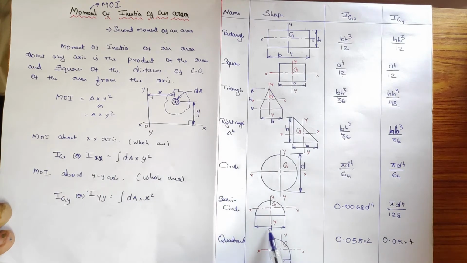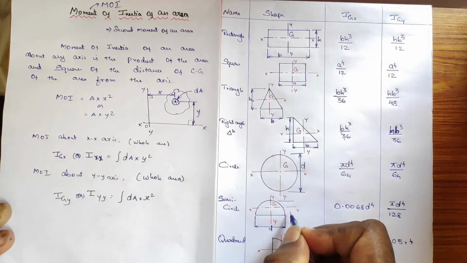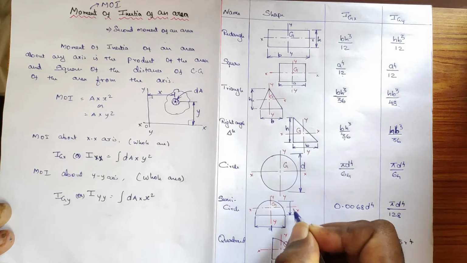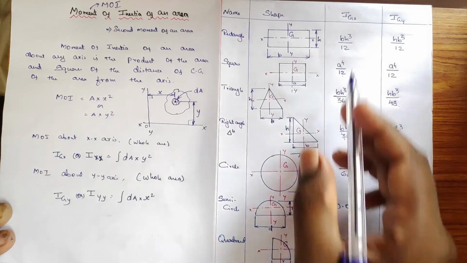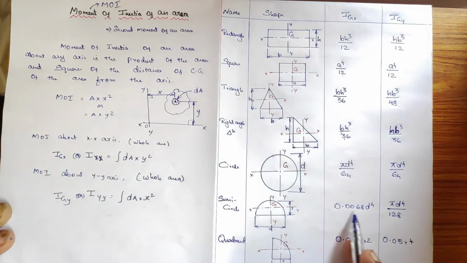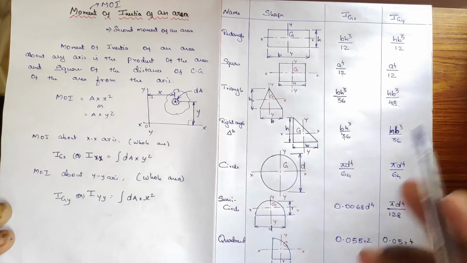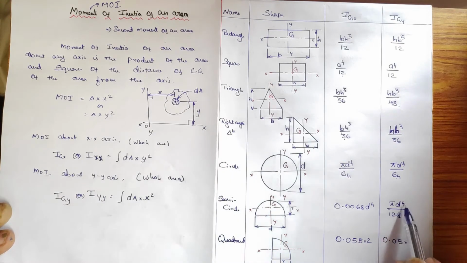And for the semicircle, I have taken this with full length, so diameter, and this with the radius, vertical distance. So here Igx is 0.0068 d power 4, and for y it is pi d power 4 divided by 128.